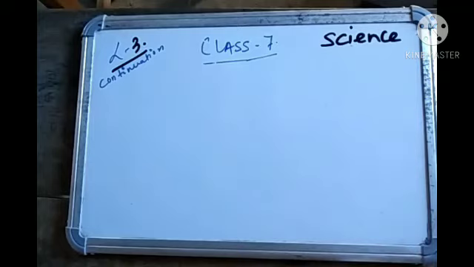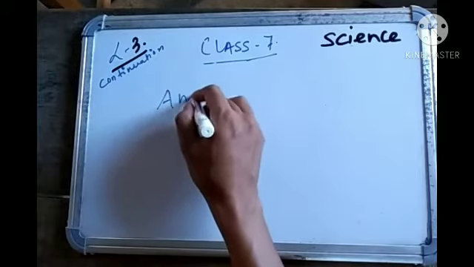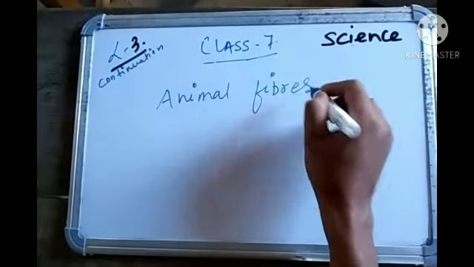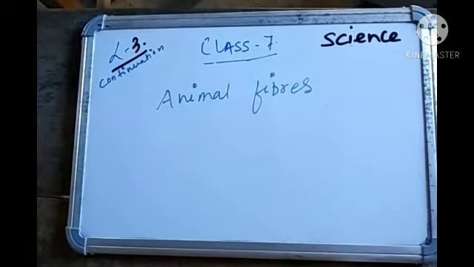On page number 28, silk is given. Silk fibers are also animal fibers. They are obtained from silkworms.